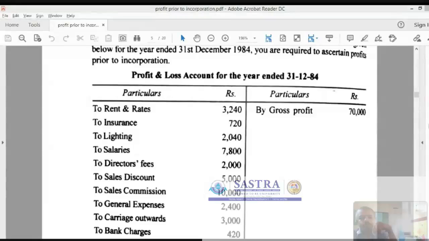Vishwanath, 531. Sir, yes, on what basis should rent and rates be distributed?